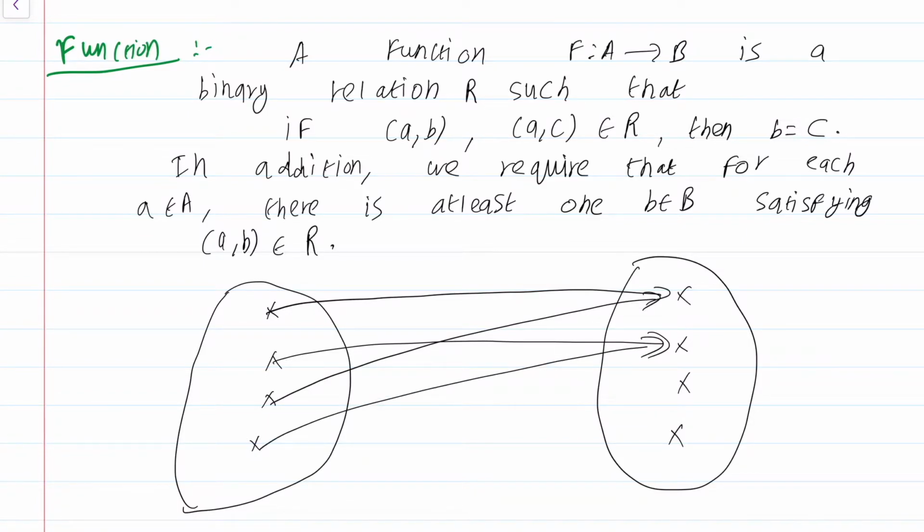All that is required is for each element a, there is exactly one element in B that corresponds to it or is related to it.